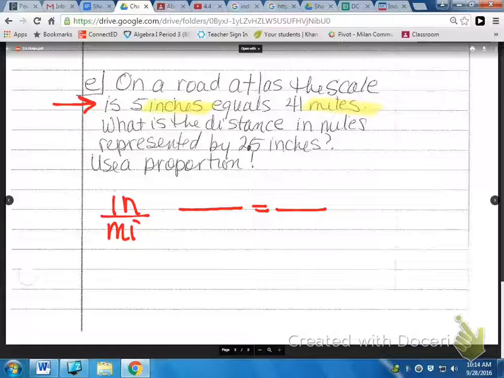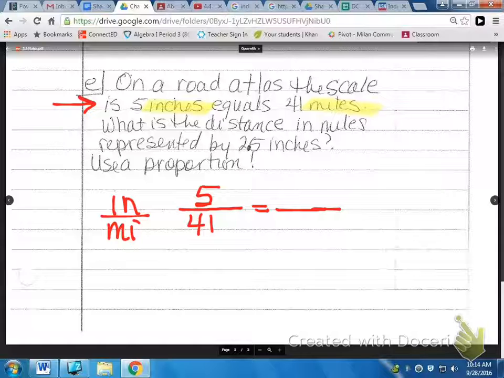That's how I'm going to get my proportion out of this. Go with what they gave you, 5 inches to 41 miles. Notice I didn't put the labels with that. It's just 5 to 41. I know out in front what I'm comparing, inches and miles.